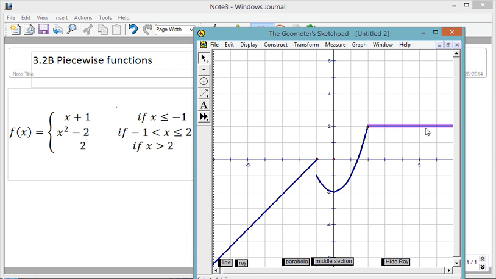So these two lines meet up, which is kind of nice when that happens. So that is my graph. Kind of funky, right? It can be any weird shape. These pieces of our function can be anything. Anything we know how to graph, we can put into here.